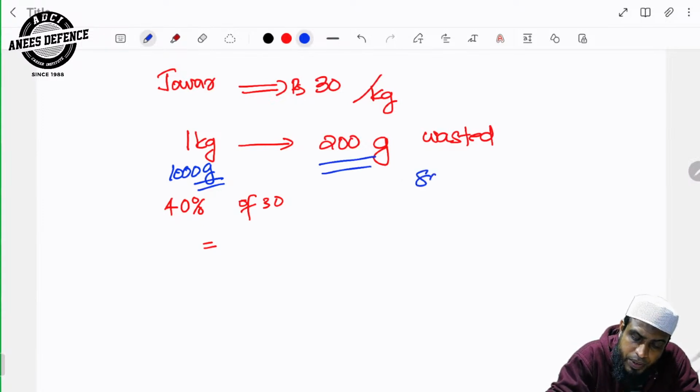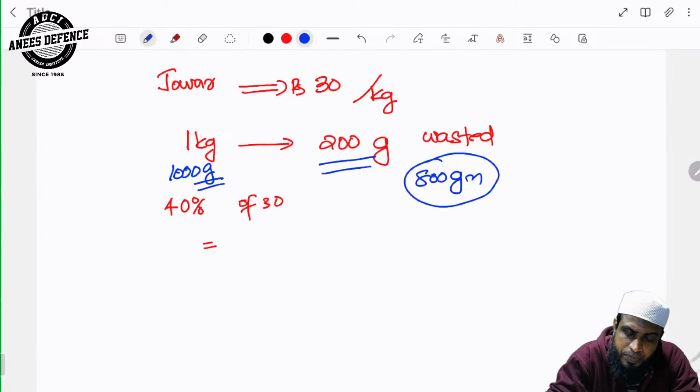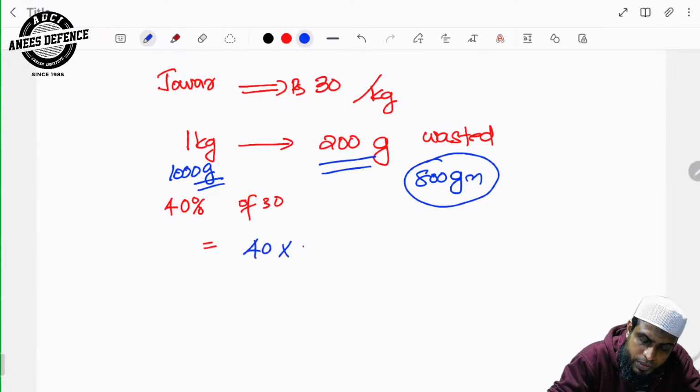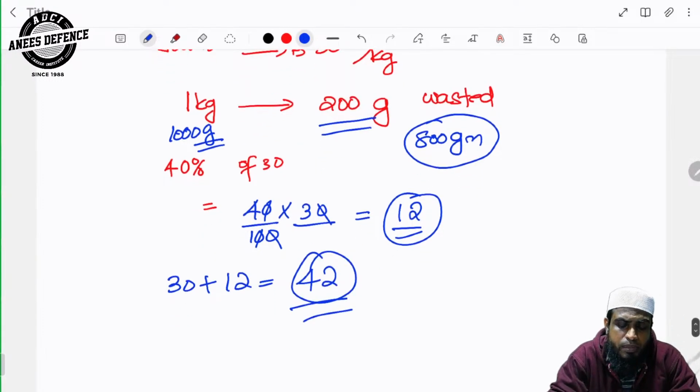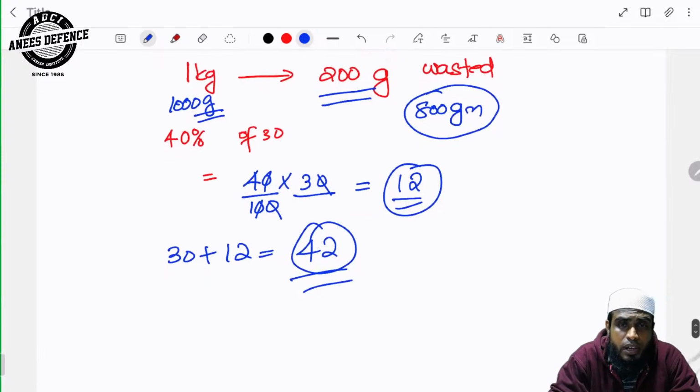So remaining 800 gram. 40% of 30 is 12 rupees. So 30 plus 12, so 42 rupees you should get by selling the remaining 800 gram.